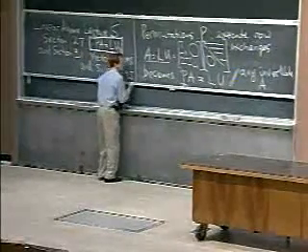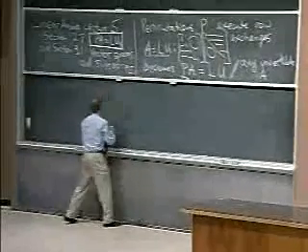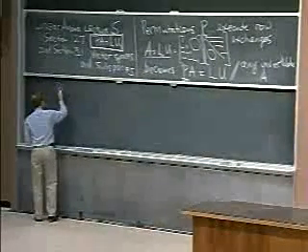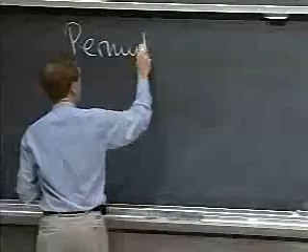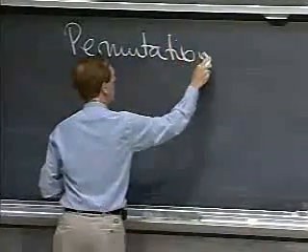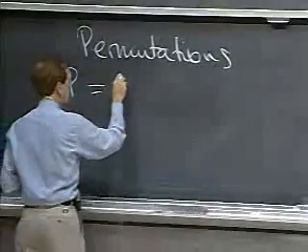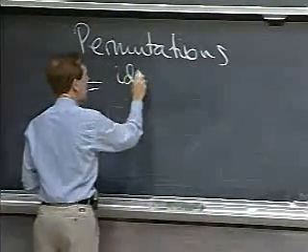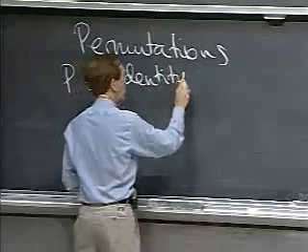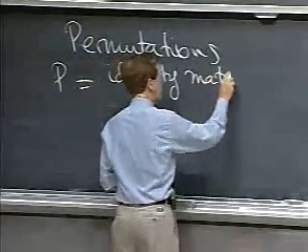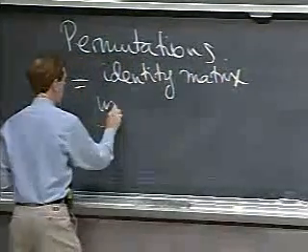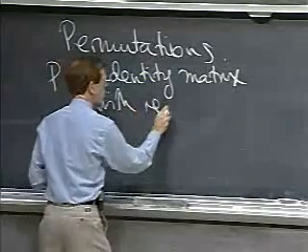Okay, finally, just to remember what P was. So permutations: P is the identity matrix with reordered rows.